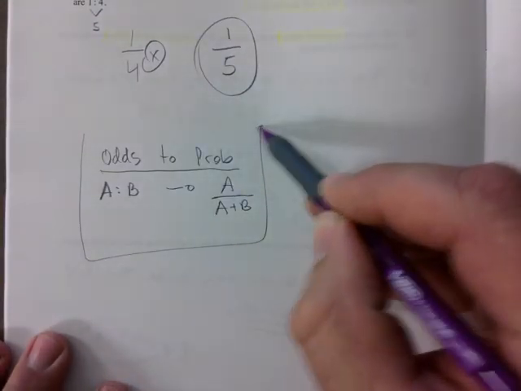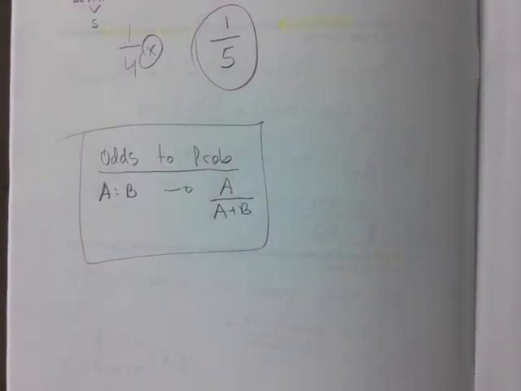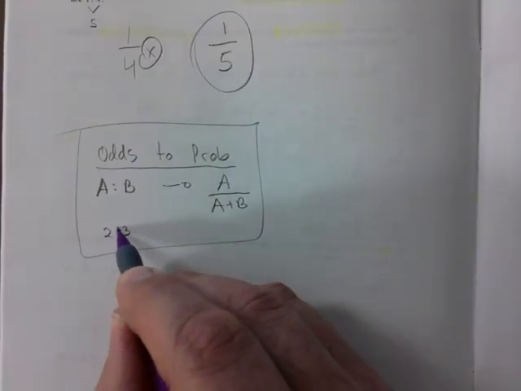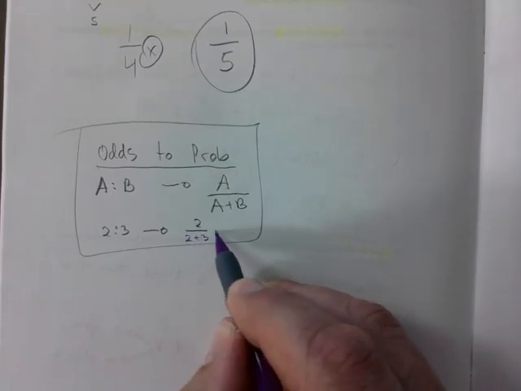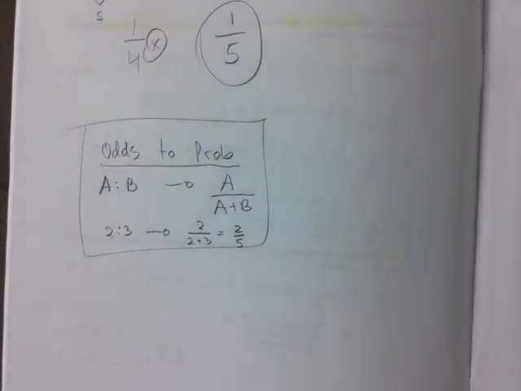I would have this somewhere on my study sheet. If you want numbers, just come up with numbers. Like 2 to 3 would go 2 over 2 plus 3, which would be 2 over 5. Okay. Something like that. Continue.